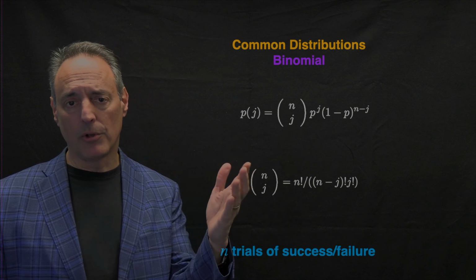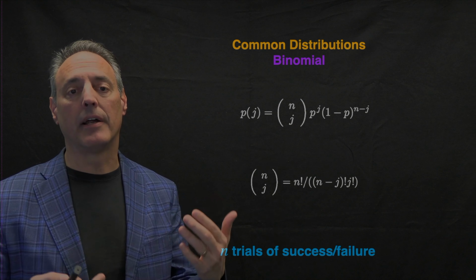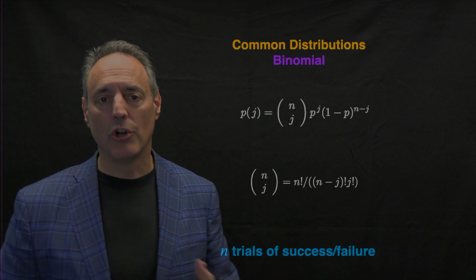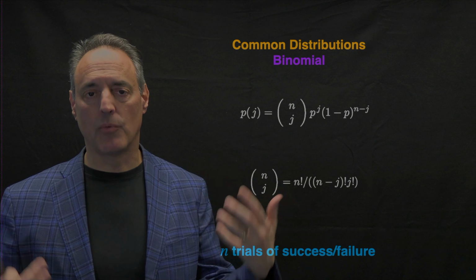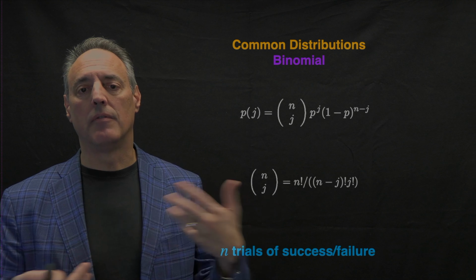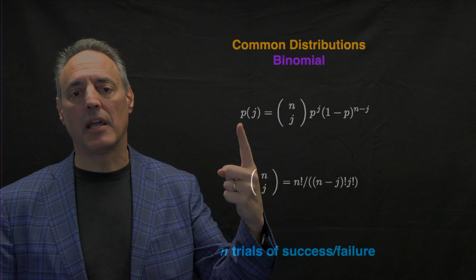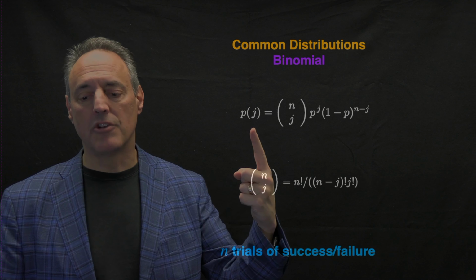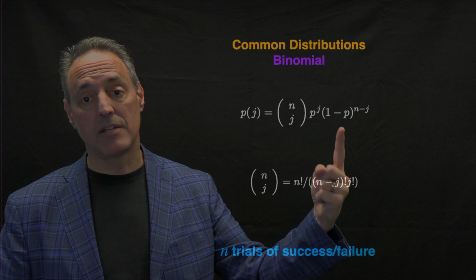This is unlike the binomial distribution, which is also commonly used, but this is essentially the success or failure of n trials. So you don't look at just a single outcome, you look at a bunch of trials and events, and you ask what's the probability of essentially the cumulative successes and failures? Here, if I have n trials, then I have probability P of success and 1 minus P of failure, and P of j is n factorial over j factorial times (n minus j) factorial, times P to the j, times 1 minus P to the n minus j.